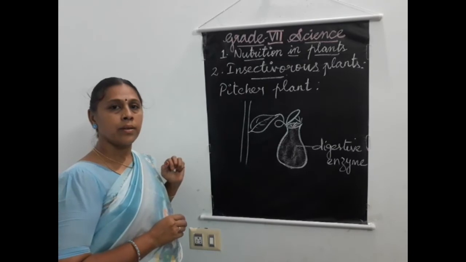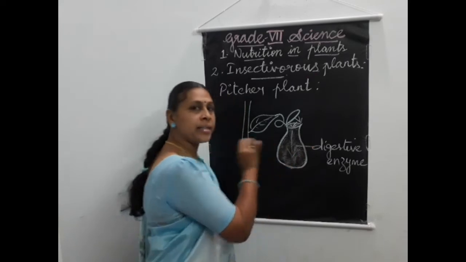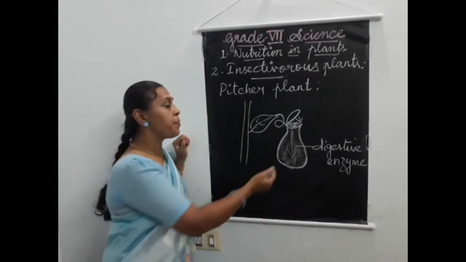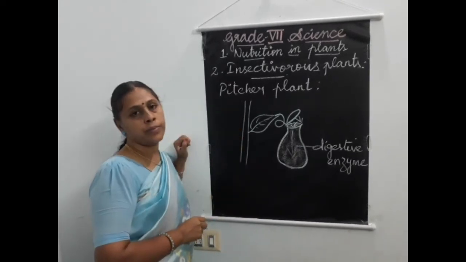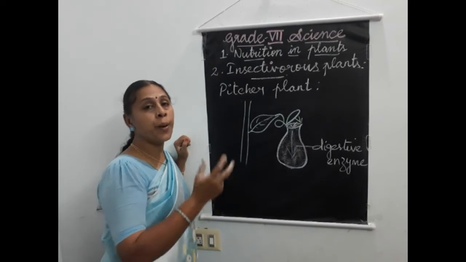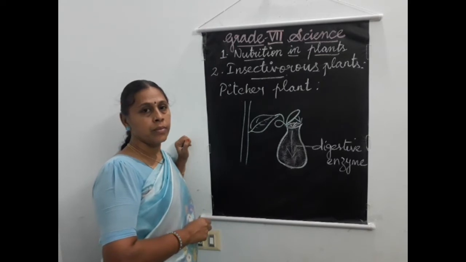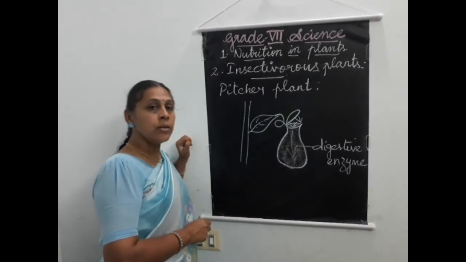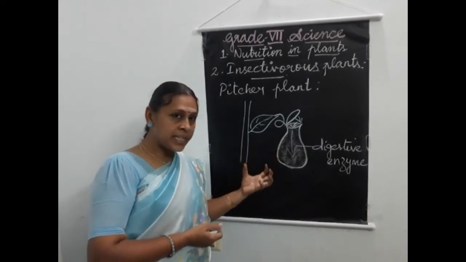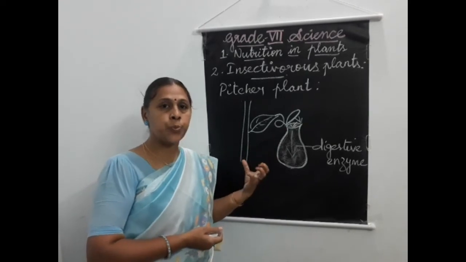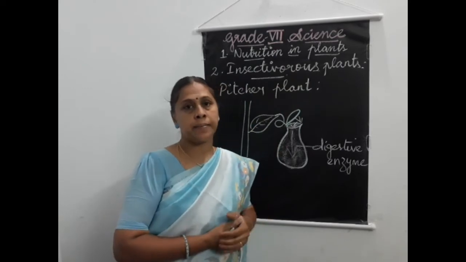The insect will be pulled down and digested by this digestive enzyme, and the plant will absorb the nitrogen from it for its growth, to prepare nutrients, proteins and all. You understand? Such plants that trap the insects for their nourishment are called insectivorous plants.